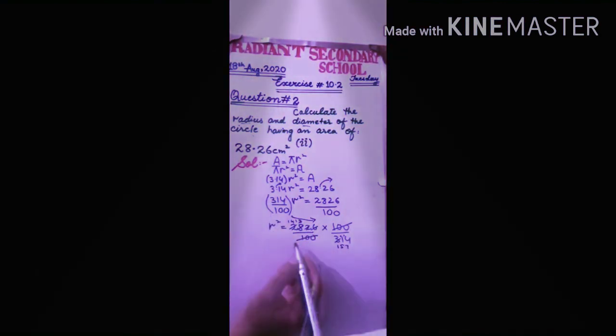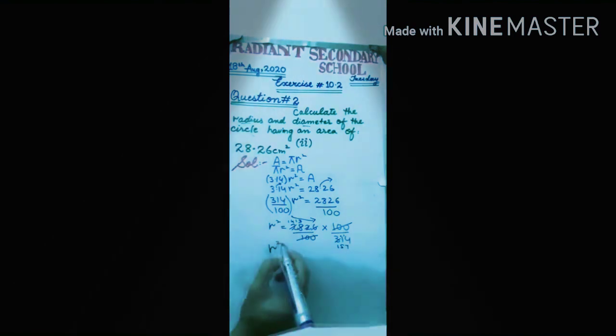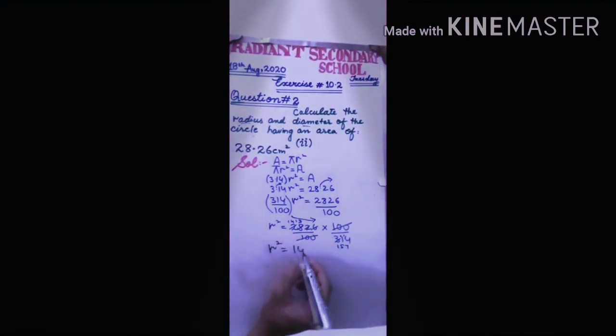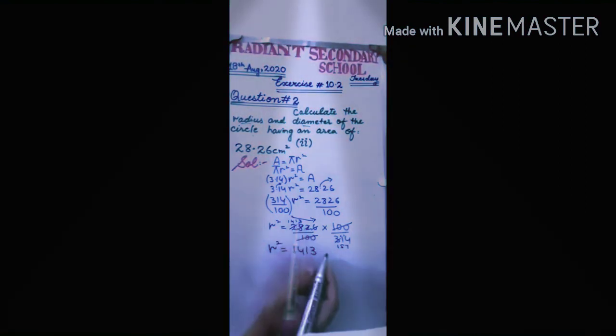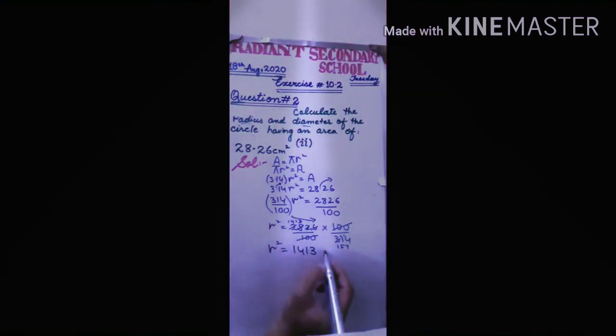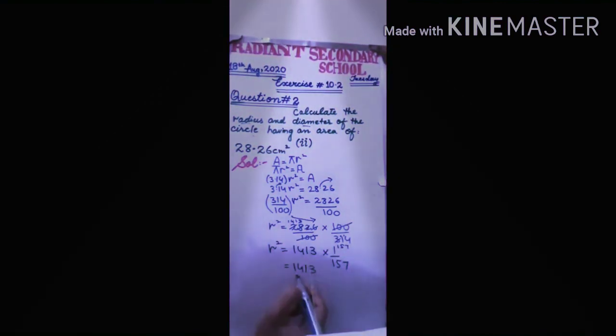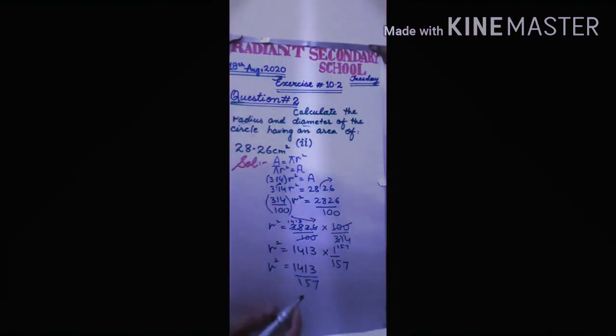Okay, now r square is equal to 1413 remaining here, multiplied by 1 over 157. Now it will become 1413 over 157. When we divide these two numbers, 1413 divided by 157, the answer will become 9.